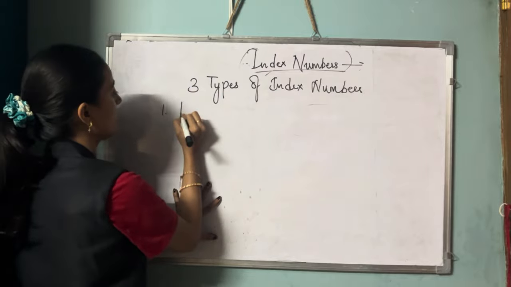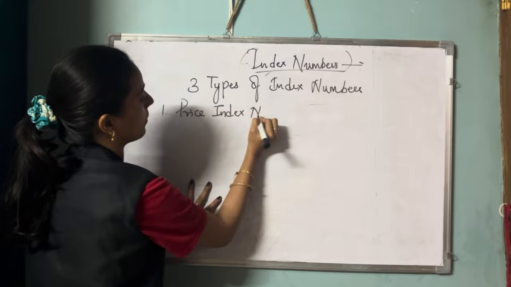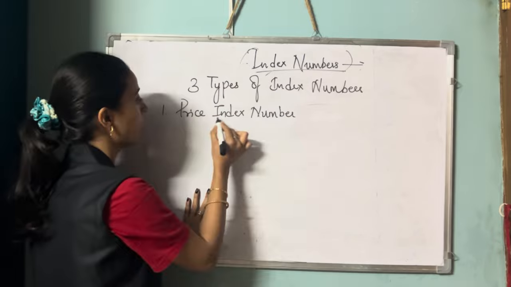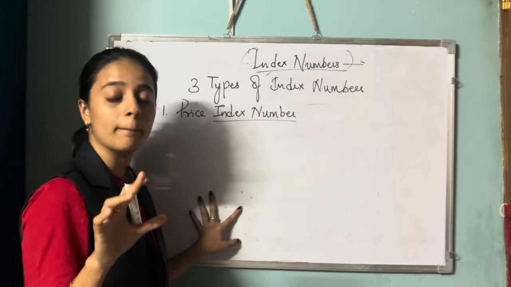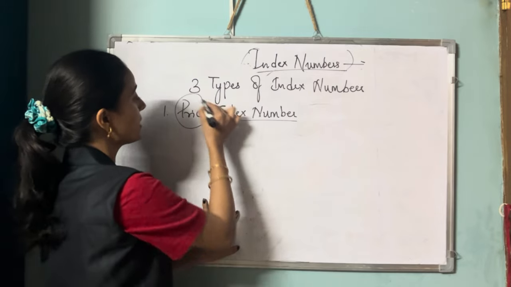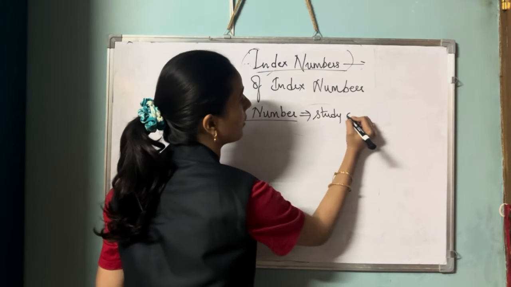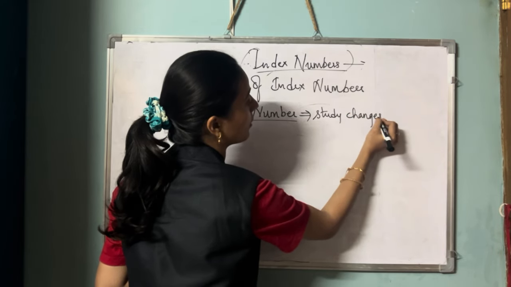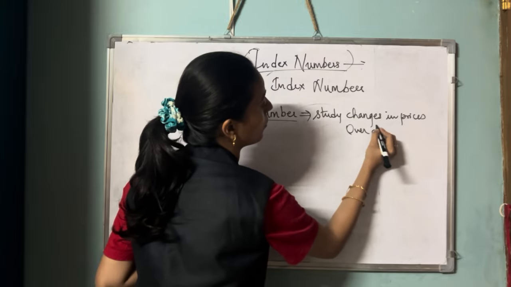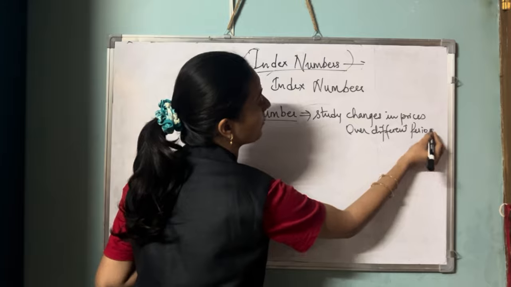So the first one, what's the first one? Price index number. So what is index number? Where we are trying to compare or understand the change over the periods. So what is price index number? Where we will try to study the changes in prices over different periods.